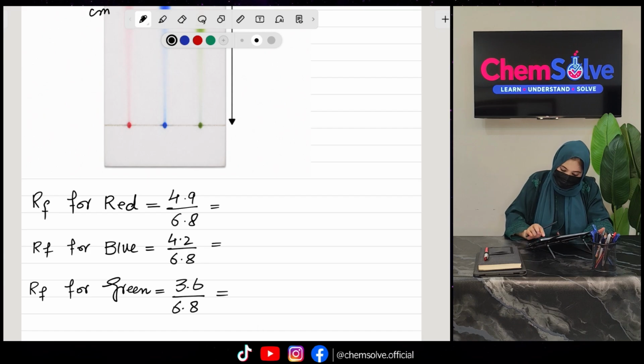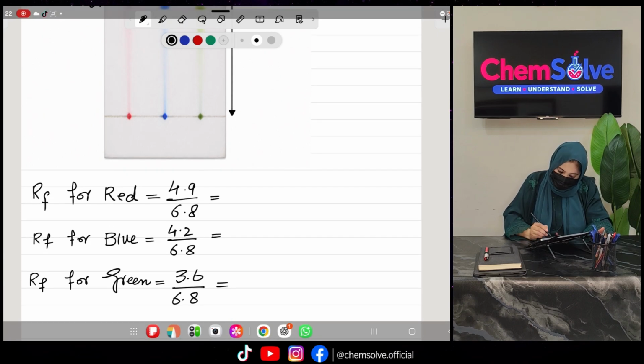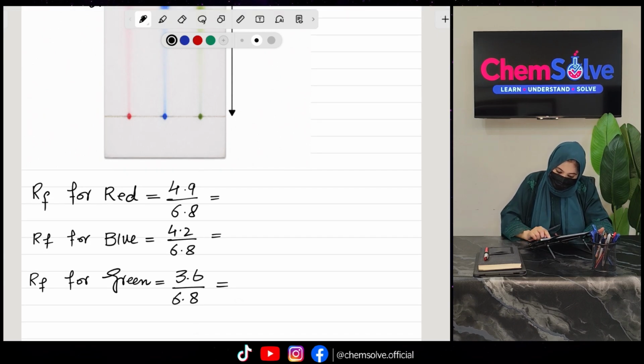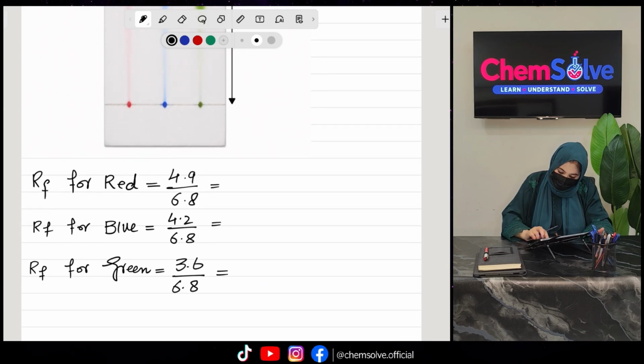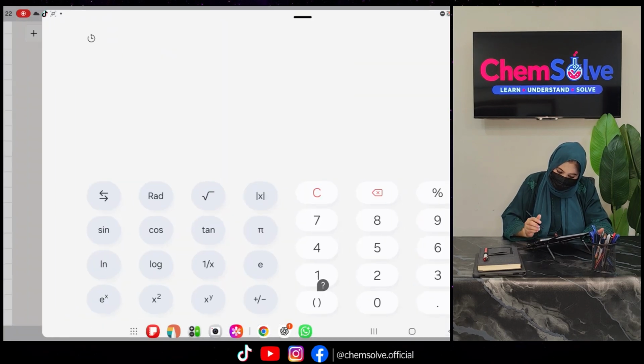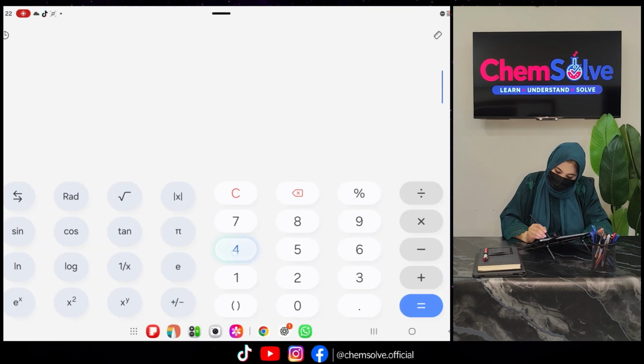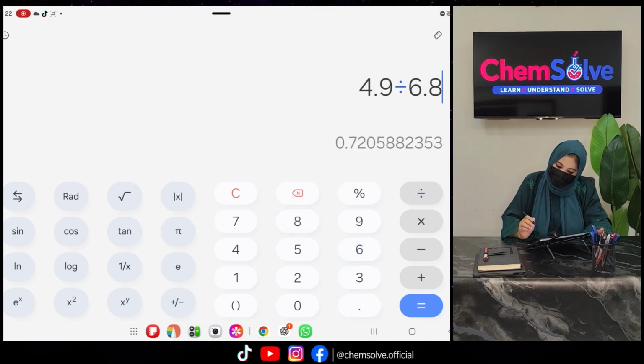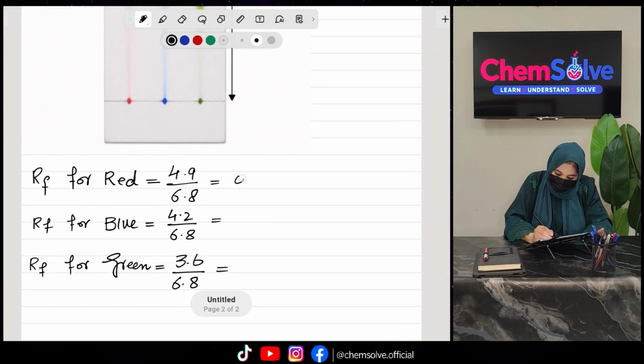Now let's calculate them. 4.9 divided by 6.8. This is 0.72. So this is 0.72.